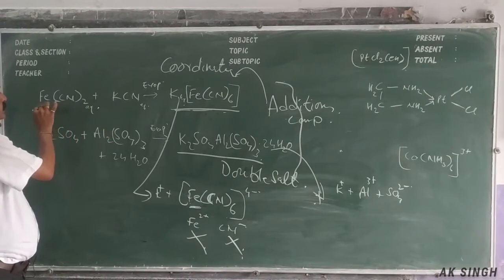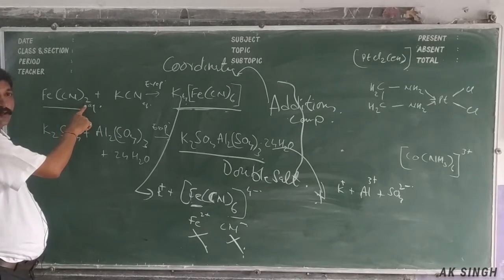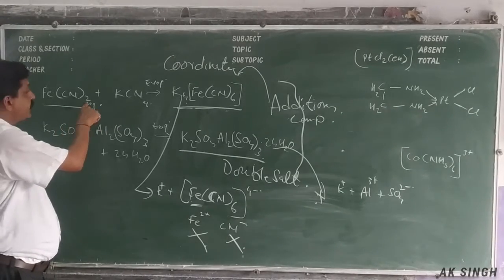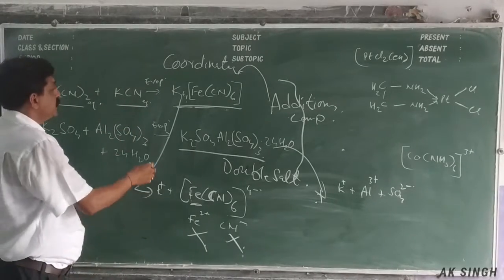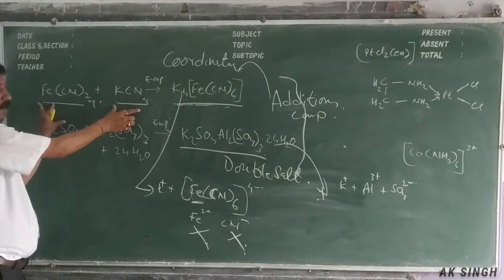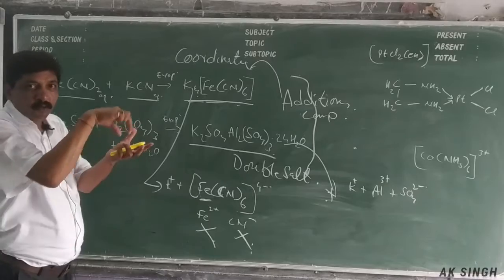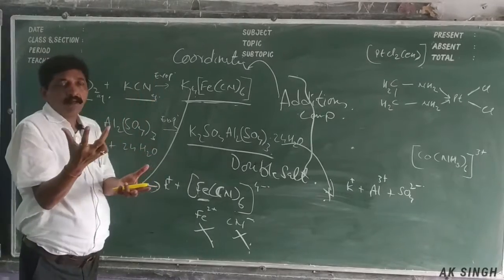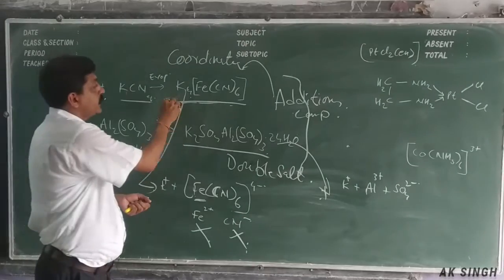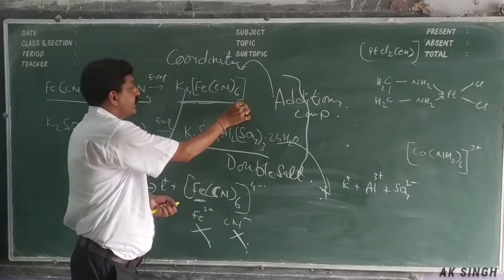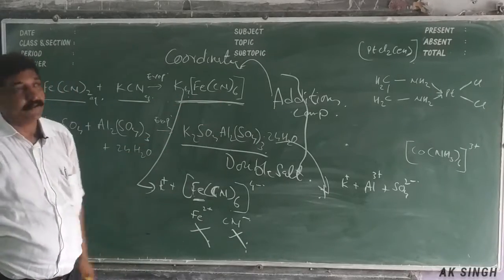Pay attention here. This is one of the compounds, Fe(CN)2, ferrous cyanide, and another compound, potassium cyanide. Now, if these two compounds in aqueous solution are mixed together in a crucible and then heated up to evaporation, what we will get is a K4Fe(CN)6 residue, a compound called potassium ferrocyanide.